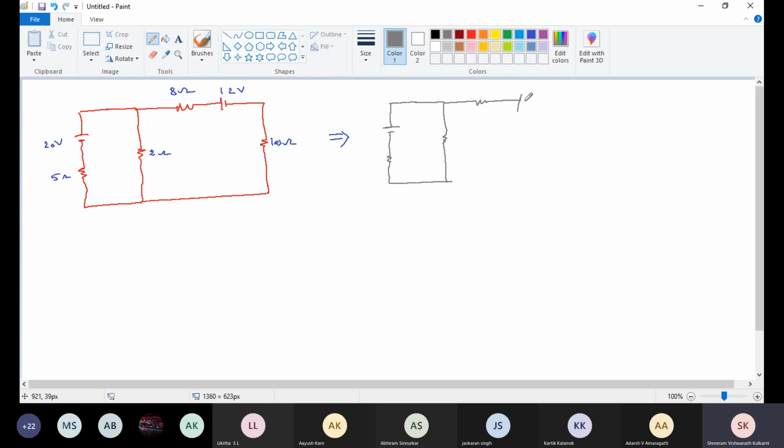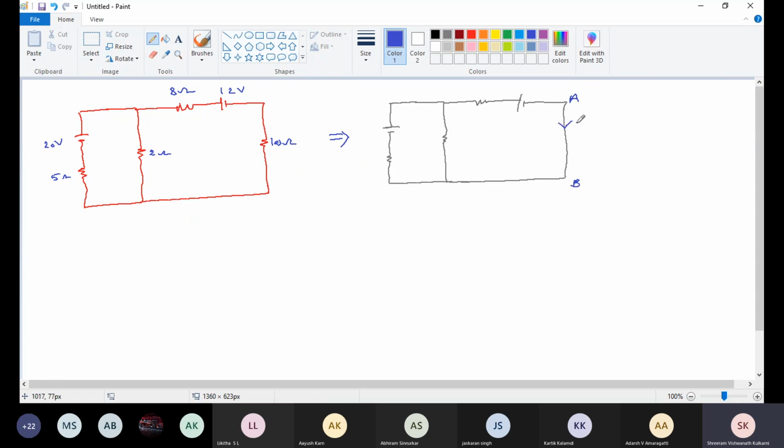If they ask in the question to find the current through 10 ohm, I'm going to short that 10 ohm. Then I'm going to mark the terminal. If I short 10 ohm, the terminals of that 10 ohm, I'm going to mark as A, B.